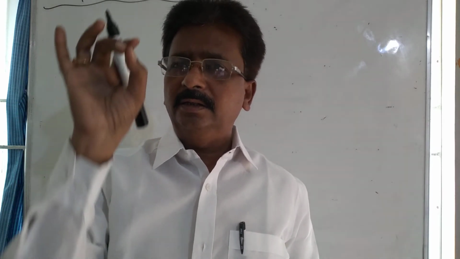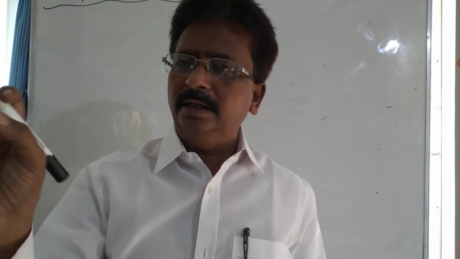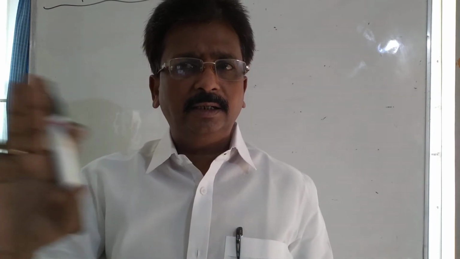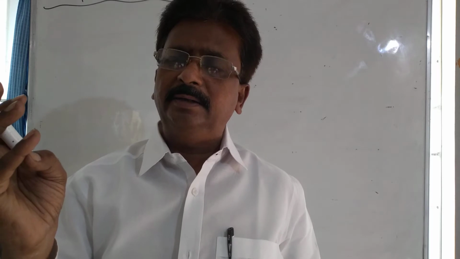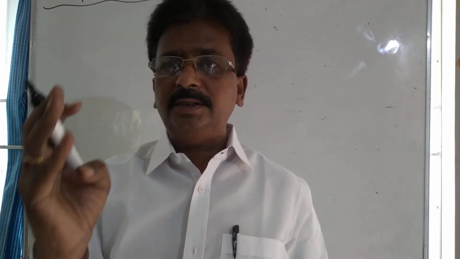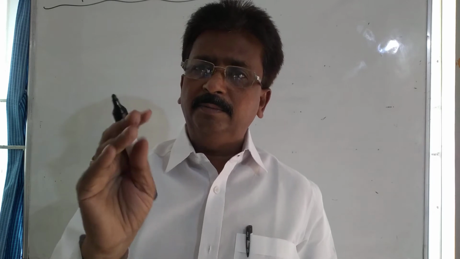After that, the center of that 9-point circle is called the 9-point circle center. Now it is not a concurrent point. Centroid is a concurrent point, orthocenter is a concurrent point, circumcenter and incenter are also concurrent points, but the 9-point circle center is not a concurrent point. But what is this circle?